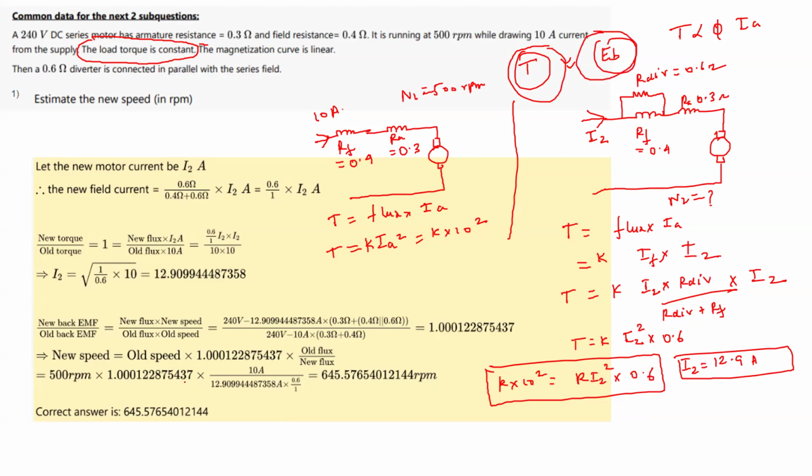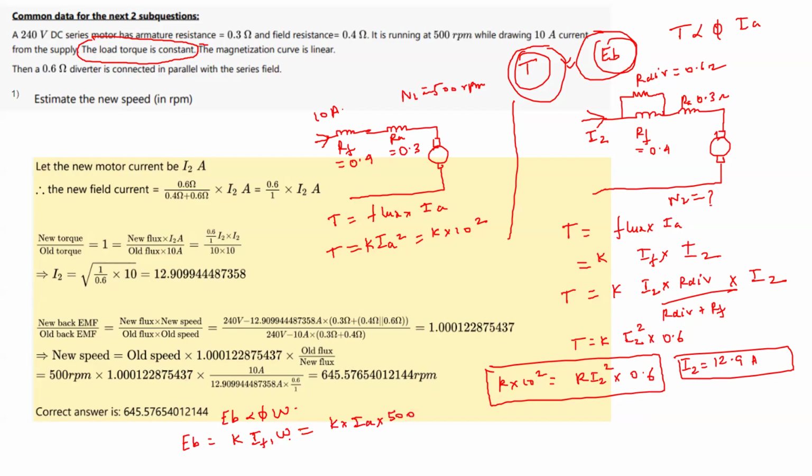So what is the back EMF? We know that the back EMF is proportional to phi into omega, K phi omega. So back EMF for the first case is proportional to K IF omega. In the first case, IF1 is proportional to IA only, so K into IA into the speed, which is 500 RPM.